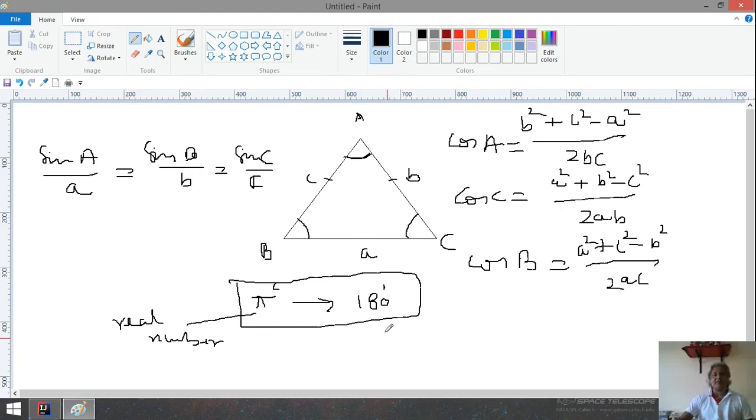So every time we have to convert degrees into radians. You see that 1 degree is pi over 180 radian, and 1 radian is 180 over pi degrees. So this we are going to use.